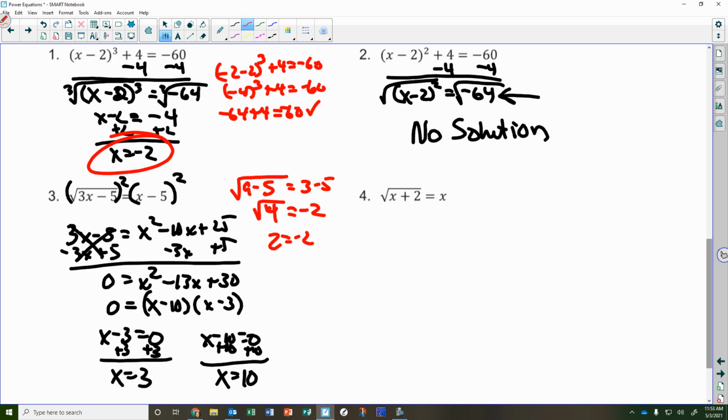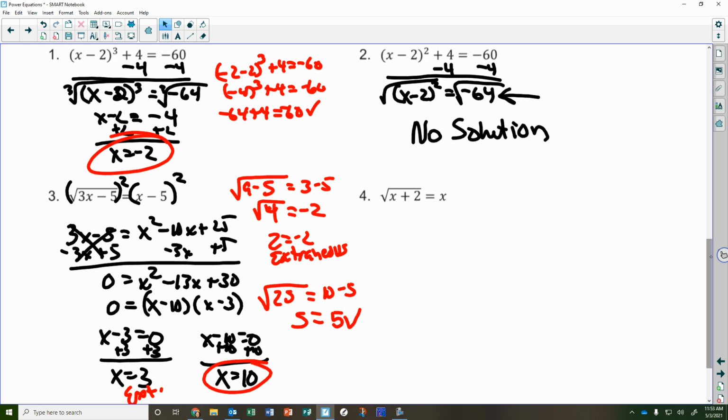That does not work, so that's extraneous. And if I plug the 10 in, well, 3 times 10 is 30, minus 5 is 25, and 10 minus 5 is 5, and the square root of 25 is 5. That checks. So we have one solution, and then one extraneous.